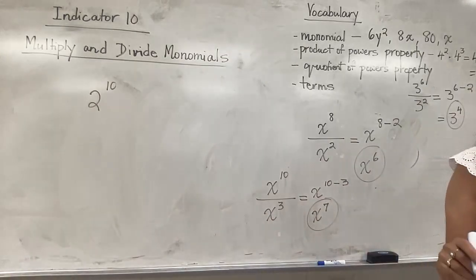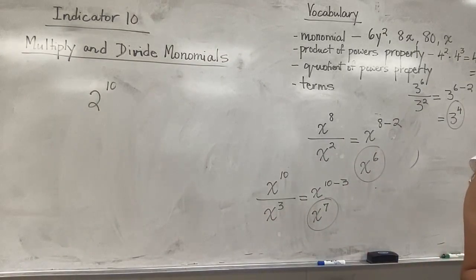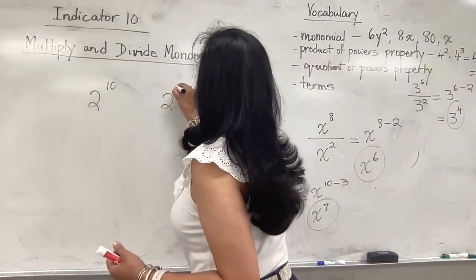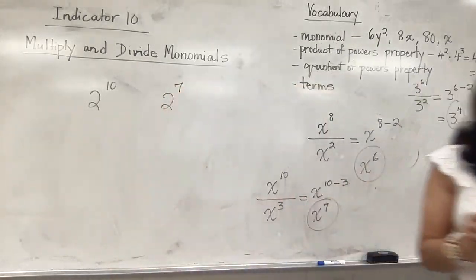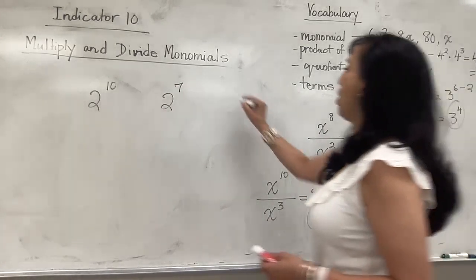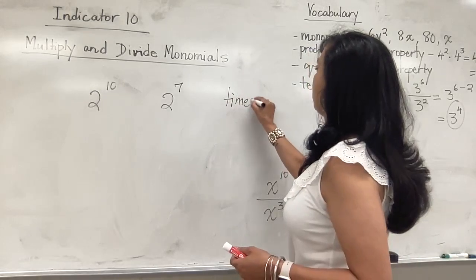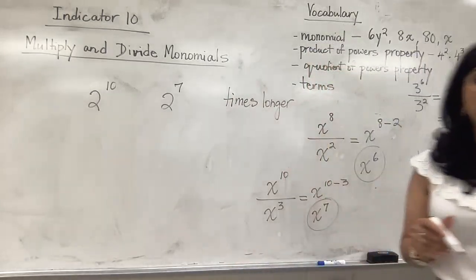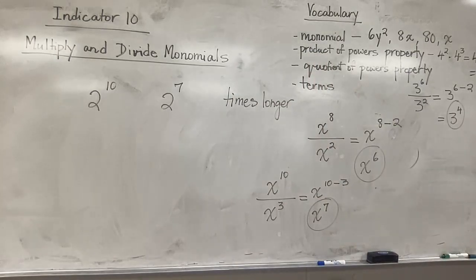And New Hampshire's shoreline is about 2 to the 7th power miles long. About how many times longer? Okay, times longer is Hawaii's shoreline than New Hampshire's.